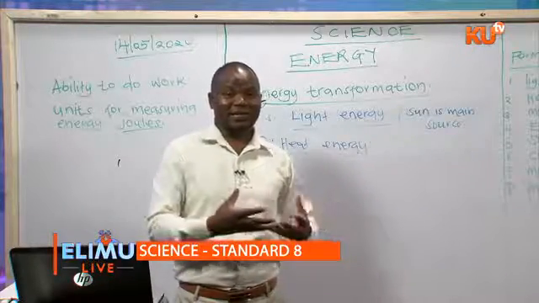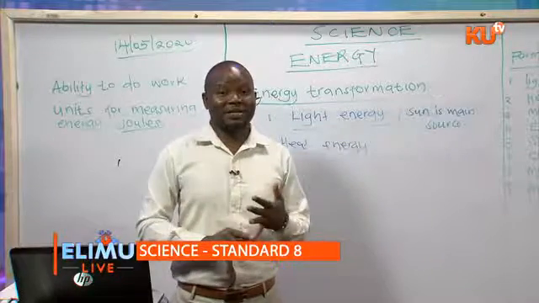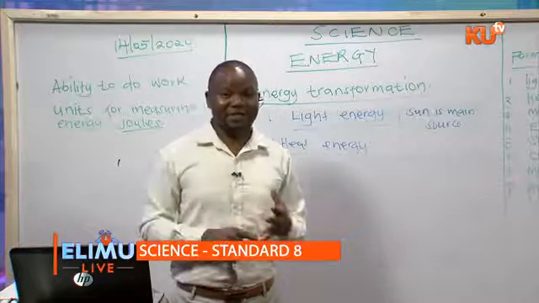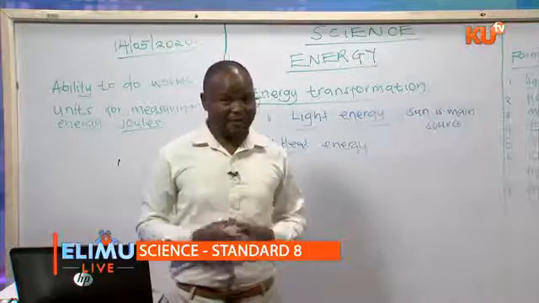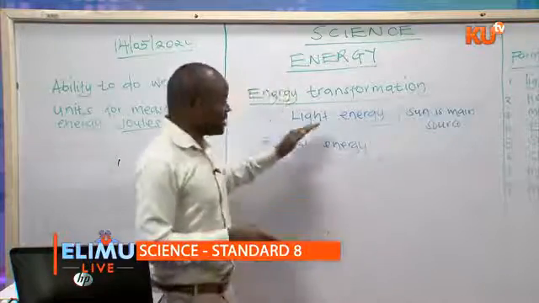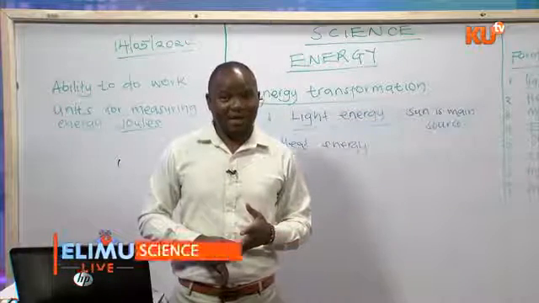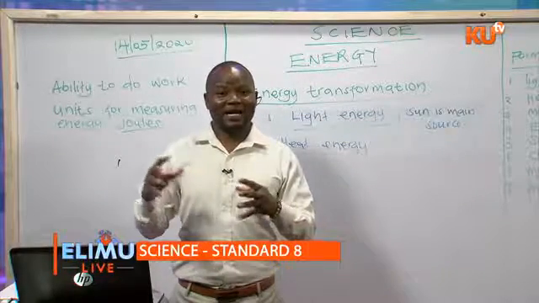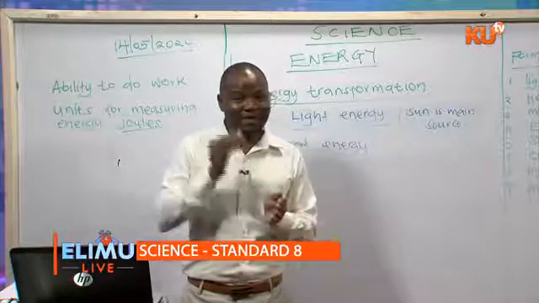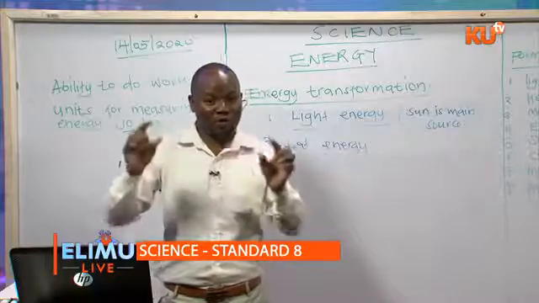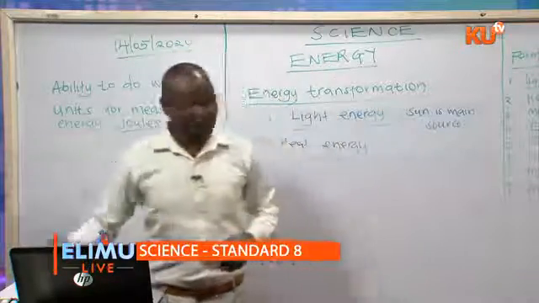Heat is used for cooking, for warming, for burning things. But light is used for seeing, for photographs, and also for photosynthesis, the process by which green plants manufacture their own food in the presence of light and other factors.